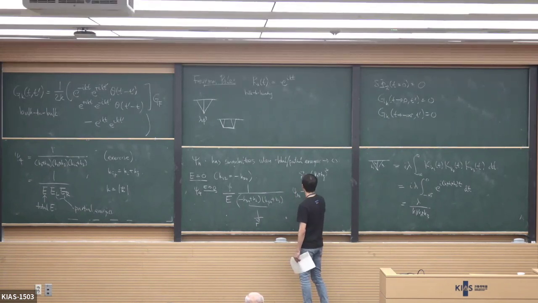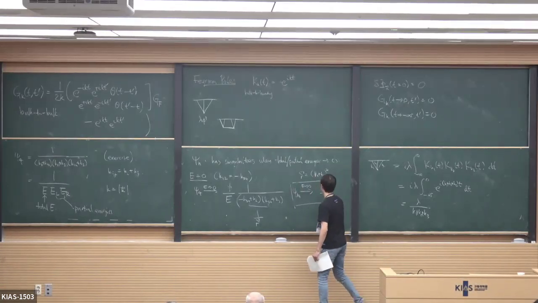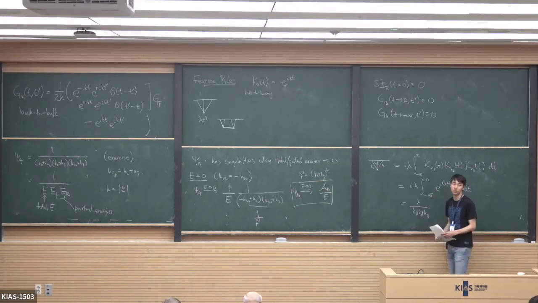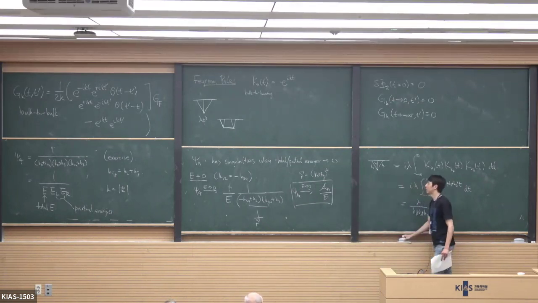So psi n, when you take the E going to 0 limit, produces the amplitude as the residue of this singularity. And there's a very intuitive way to understand this.